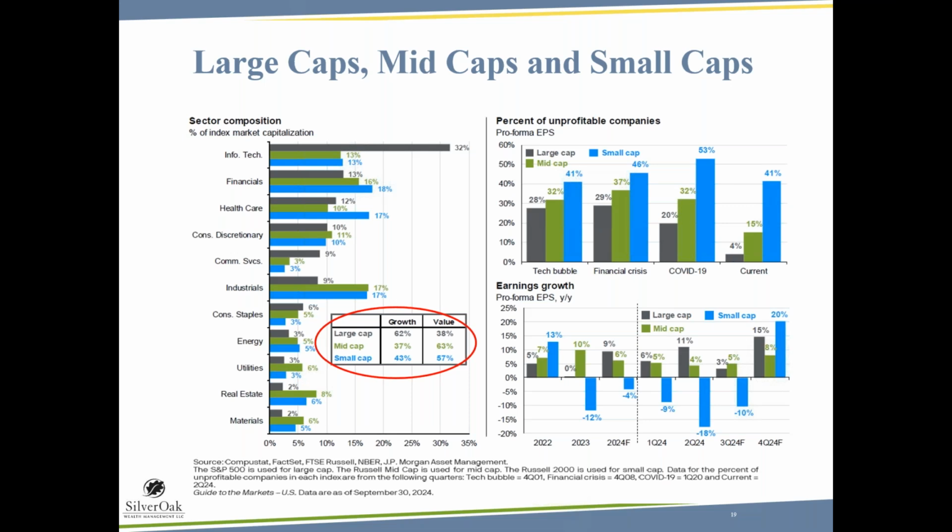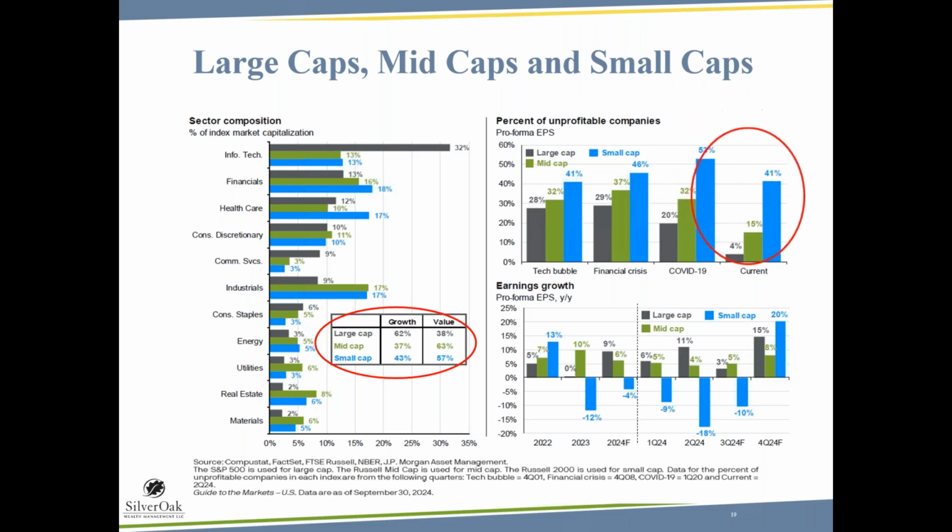But the reality is that when we look at growth versus value in the S&P, 62% of the weighting is now growth. When we look at mid-cap, though, interestingly, it flips the opposite direction, where value is roughly 2/3. And again, we mentioned that for the year-to-date period, mid-cap value is doing better than mid-cap growth, and I think that's why. When we look at small cap, it's right in the middle, but still skews a bit more towards value than growth.